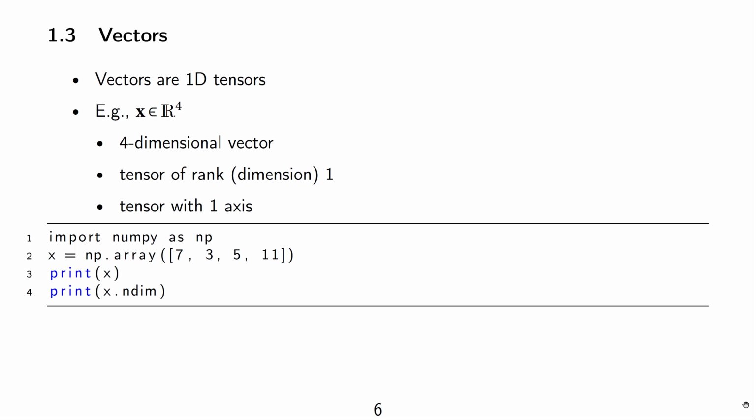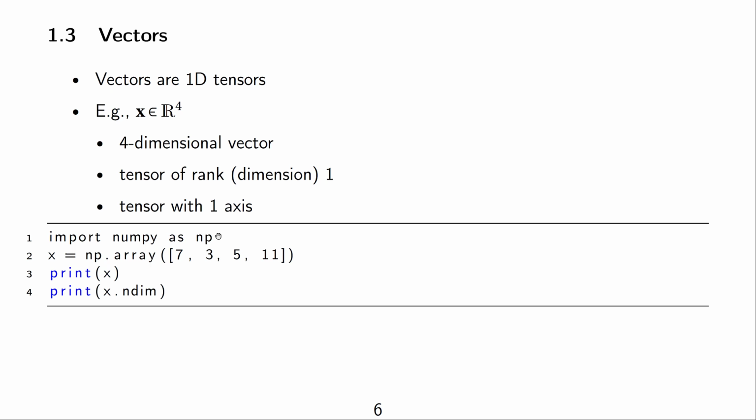Here's a short program that uses the command ndim. The first line, which is in almost every scientific computing and machine learning software in Python, you import numpy as np. And this name np is universal. Almost everybody uses np.